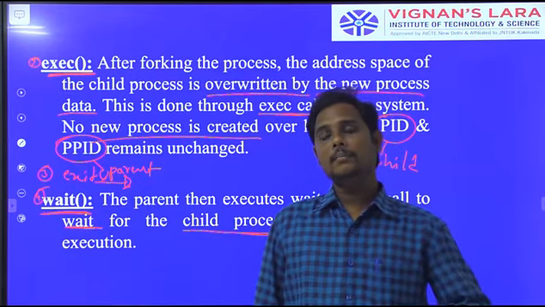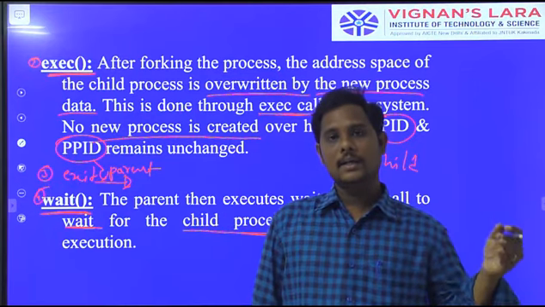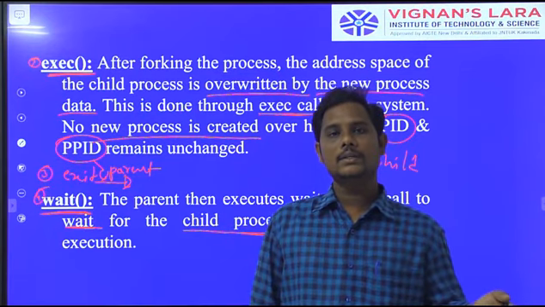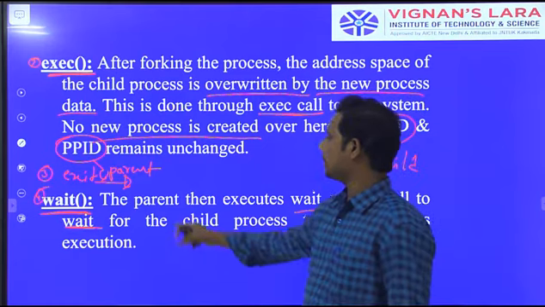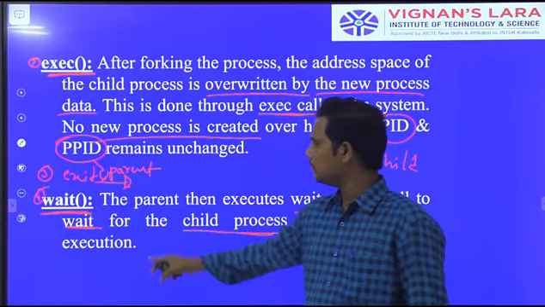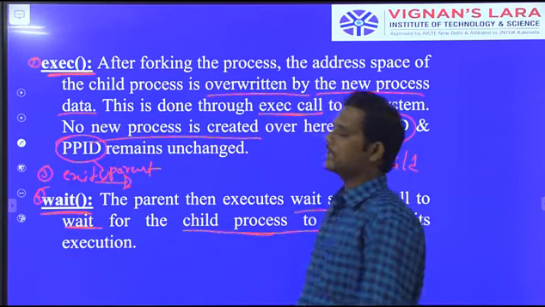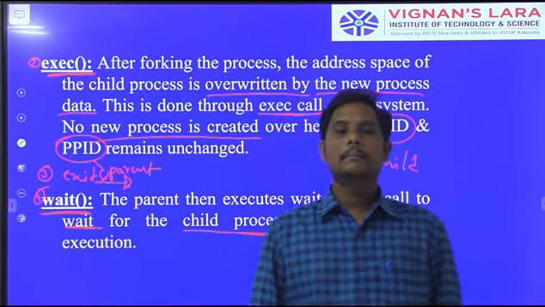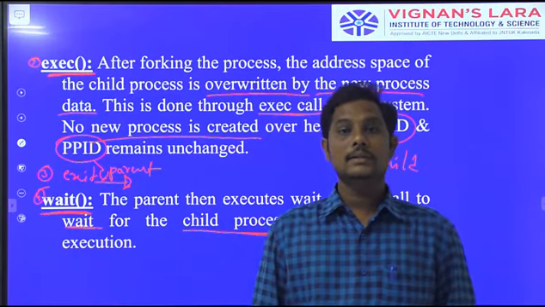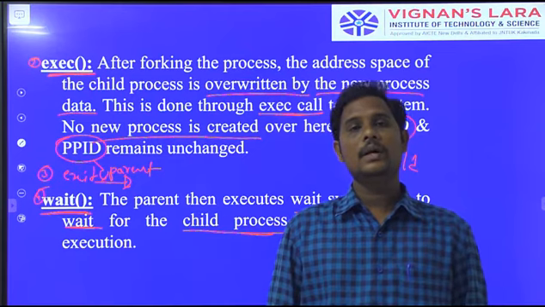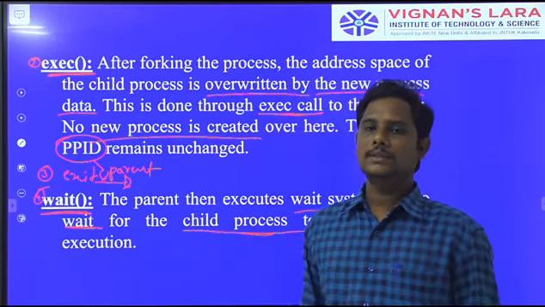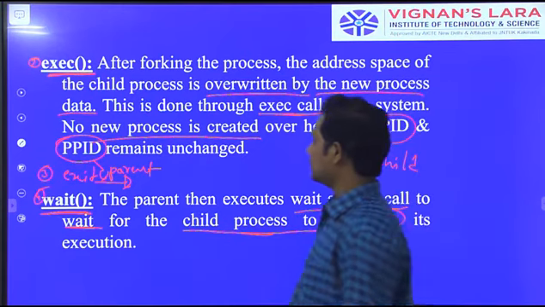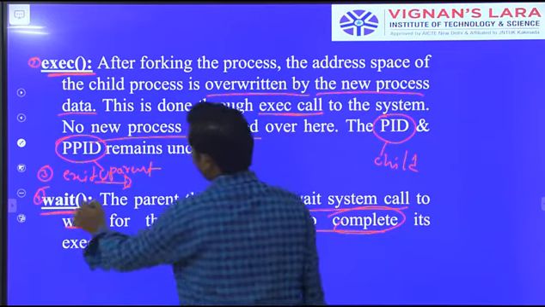Whenever the child process completes execution, then immediately the parent process is executed. First the child process is executed and then the parent process. That's why sometimes we use a wait system call.